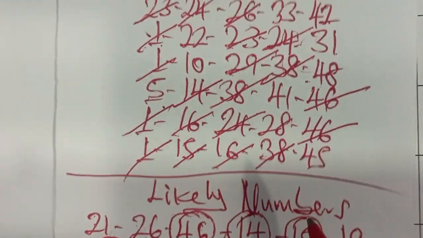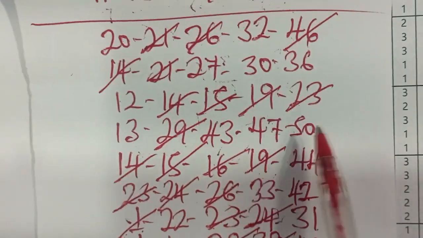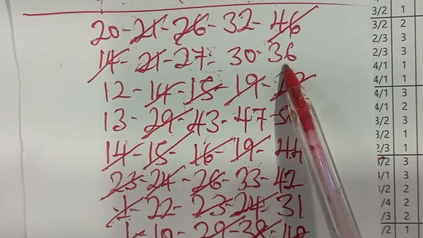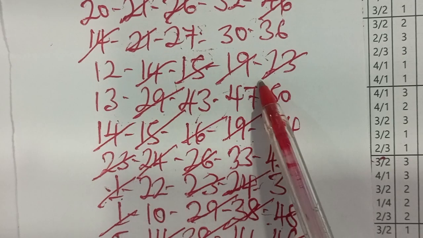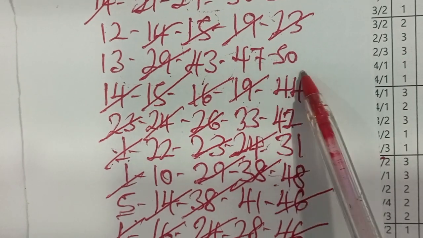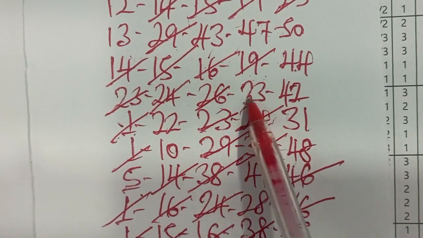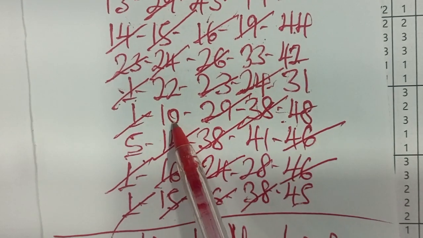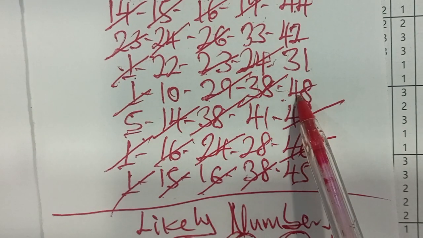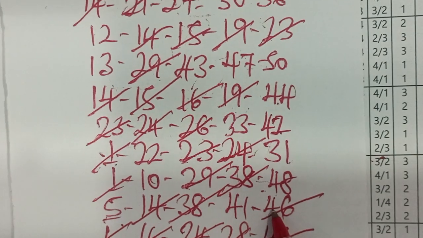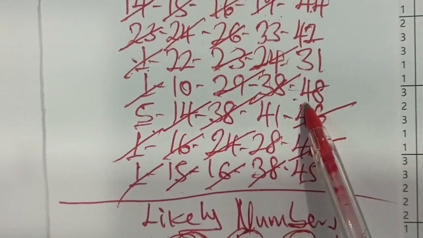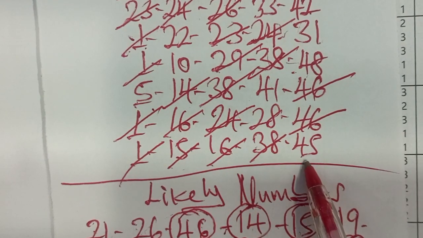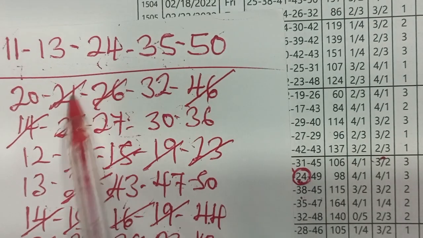But if you don't mind any of the numbers that we did not mark here, 32, 30, 36, 12, 13, 47, 50, 44, 32, 42, 22, 10, 31, 48, single 5, 41, and 45, any one of them can also drop.